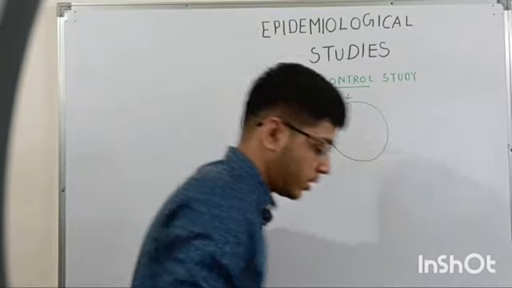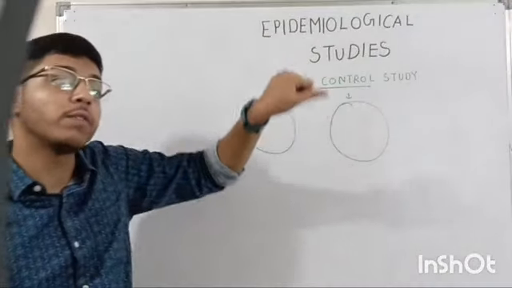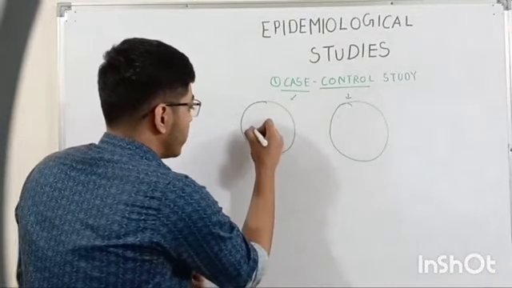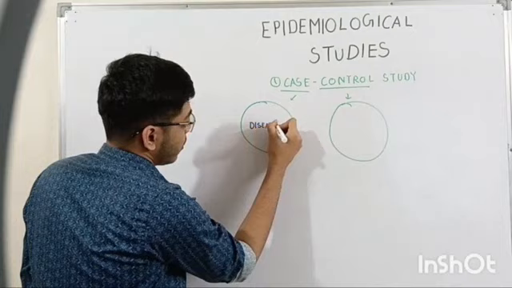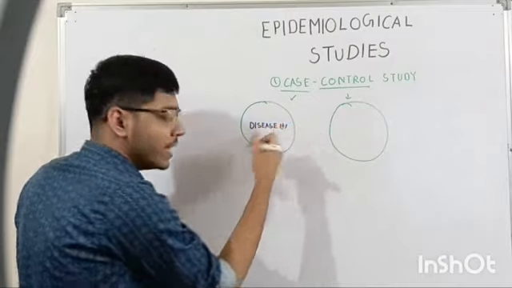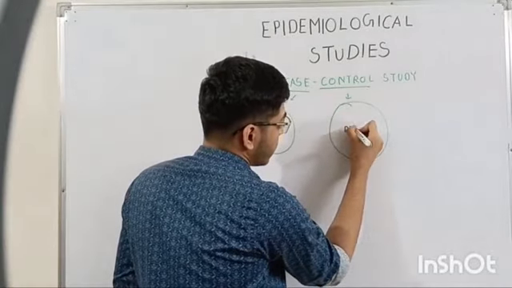The difference is that in the case, the person is a case of that particular disease, so the disease is present in this group. It can be any disease or any condition, and in the control the disease is absent.